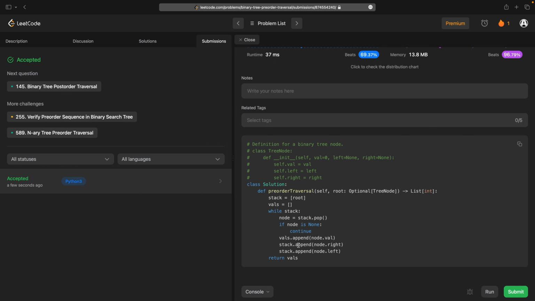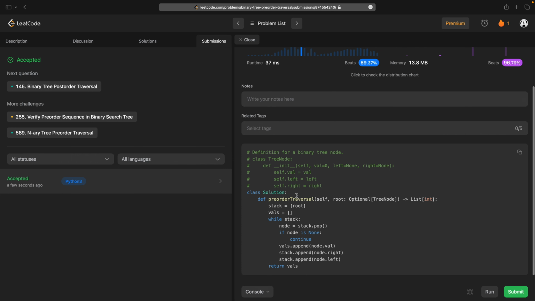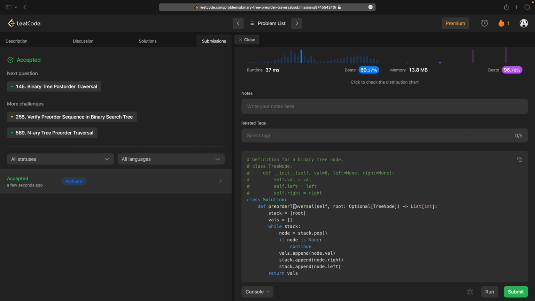But my conjecture is if we actually checked whether these things were none or not before we put them on the stack, that would be more efficient because it's one check, a none check, which in Python is generally very efficient, versus 2 stack manipulations that don't actually do anything, an append and a pop.